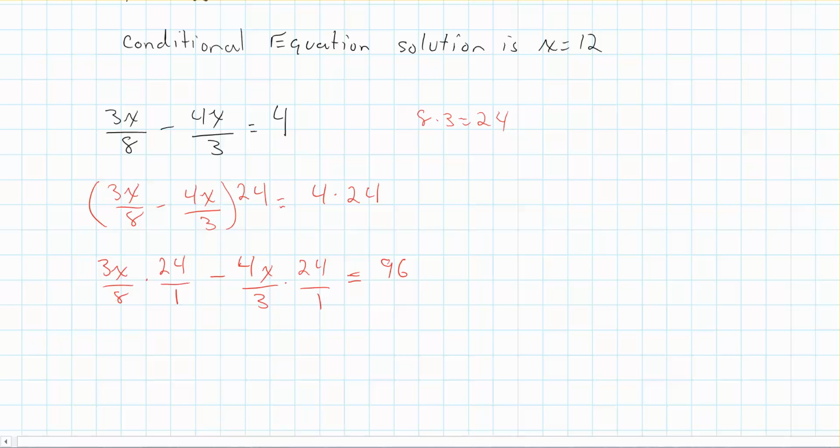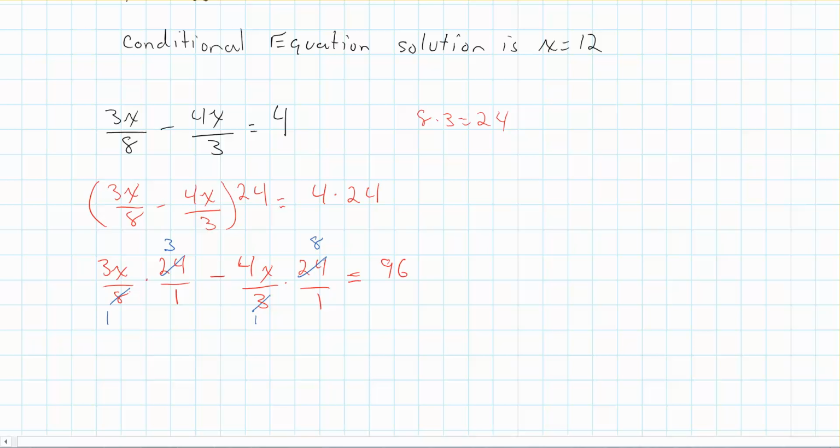Now, what we see here is this 8 and this 24, we can do cross cancellation, so I'd have 1 here and then a 3, and then I can do the same thing here. This 3 would go to a 1, and this 24 would go to an 8.